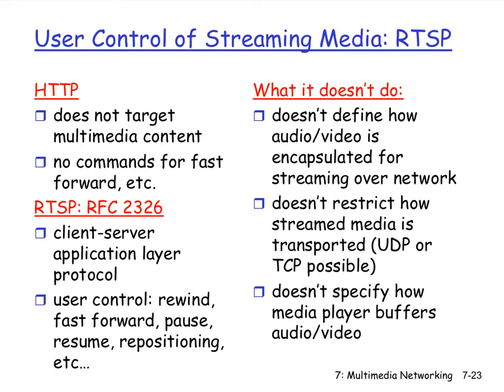It doesn't restrict how the streamed media is transported, so it's agnostic to whether you use UDP or TCP. It's isolated and separate from the type of transport protocol that you use for streaming. It doesn't restrict that it has to work with UDP or has to work with TCP.